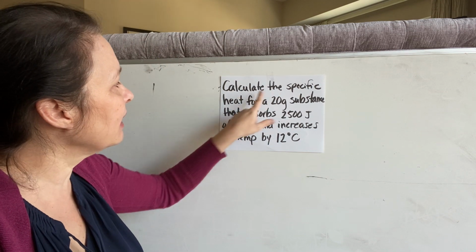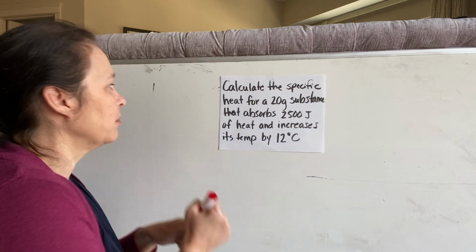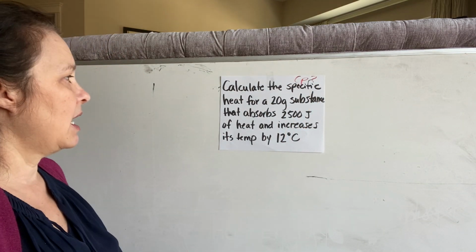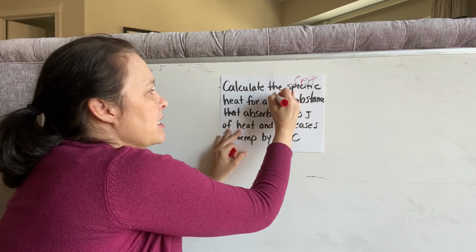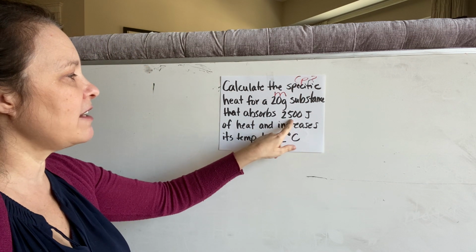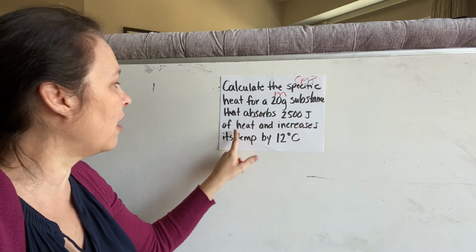So I'm calculating the specific heat, which is the Cp, right? So I am looking for the Cp. For a 20-gram substance, this right here is my mass. It said it absorbs 2,500 joules. Joules is my Q, remember, of heat.